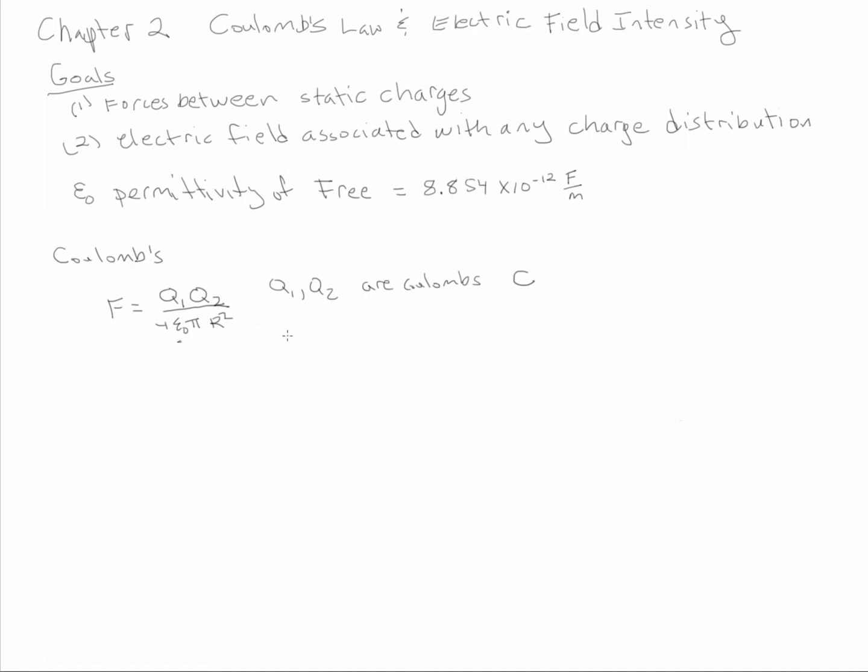The charge on one electron is 1.602 times 10 to the minus 19th coulombs, just as a reference. So 1 coulomb is about 6 times 10 to the 18th electrons. So 1 coulomb of charge represents a lot of electrons.